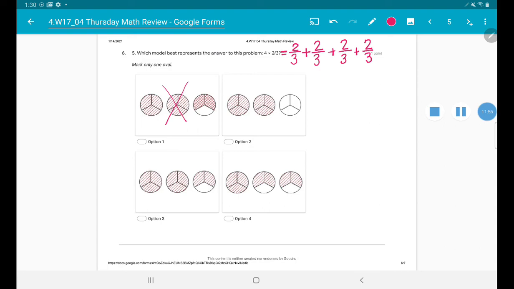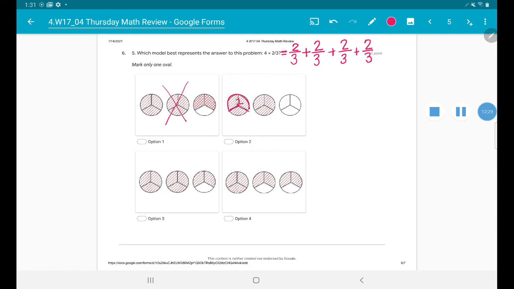So if I look at option 2 here, if I group 2 of my pieces together, if I take these 2 right here and group them together, there's one group of 2/3. I know I still have one here, and that's okay. We're going to come back and get it in just a second. But I'm going to go ahead and do my 2/3 that are together.